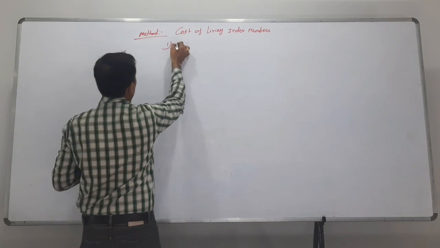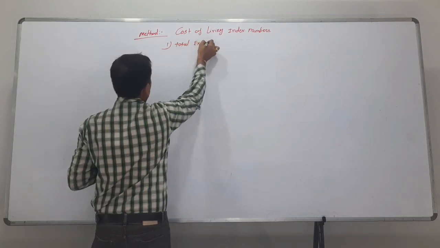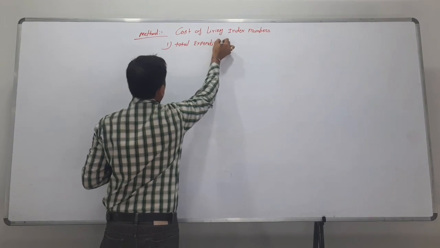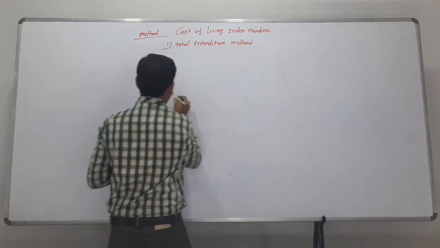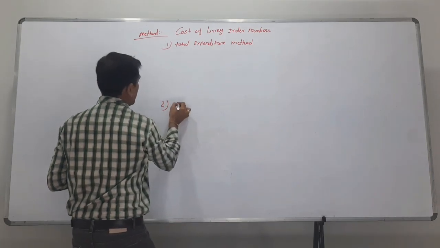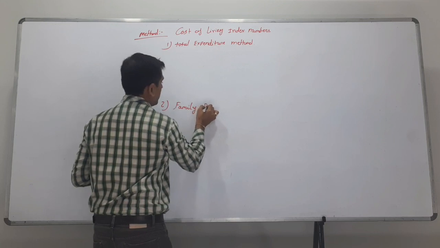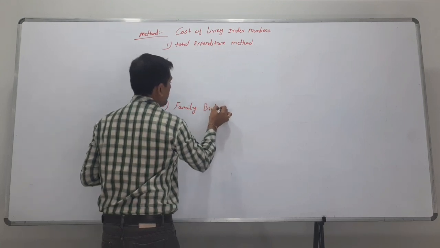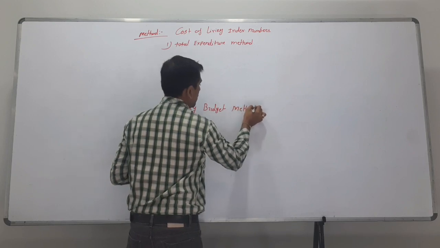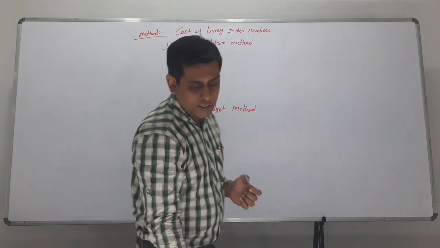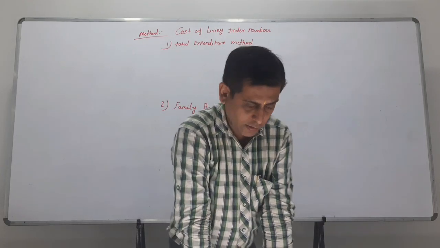First one is total expenditure method, and the second one is family budget method. First one is total expenditure method and the method of family budget or family budget method.